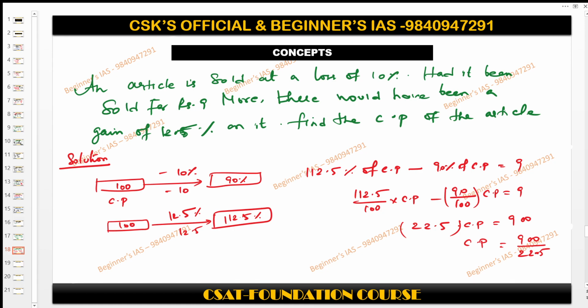So what would be the answer? 40. Directly also you can find. Therefore, cost price is equal to rupees 40.